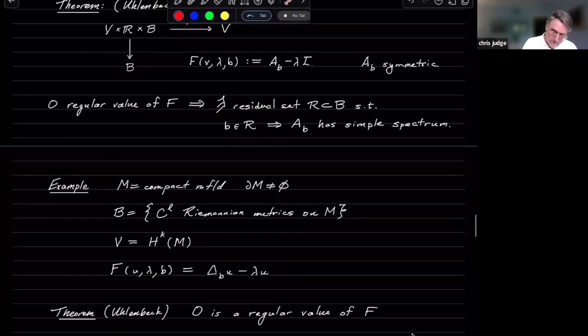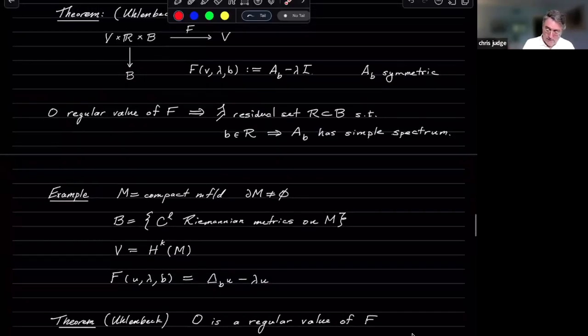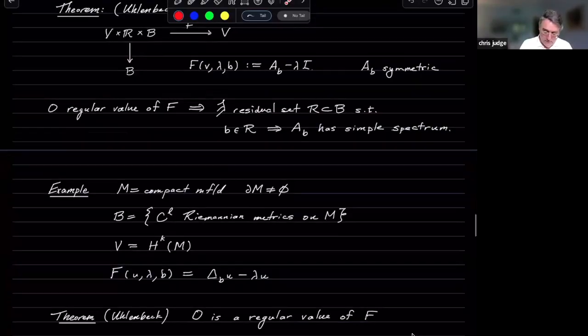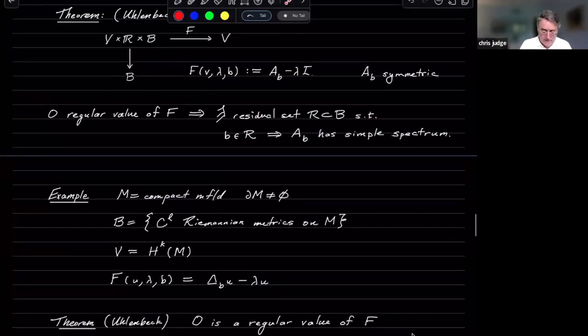So, okay, I'm avoiding all the Fredholm issues, but Fredholm is exactly the right category to be thinking about. And in fact, the proof of the parametric transversality theorem requires a version of Sard's theorem, and Smale provided a version of Sard's theorem that allows you to work in Banach spaces.